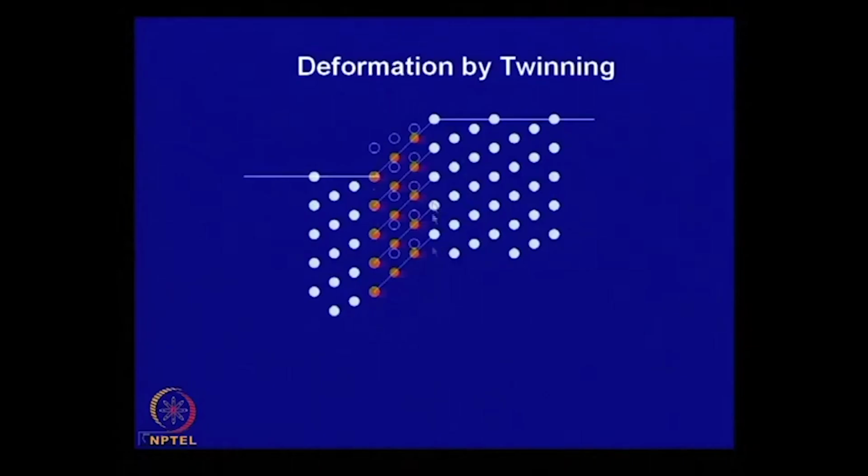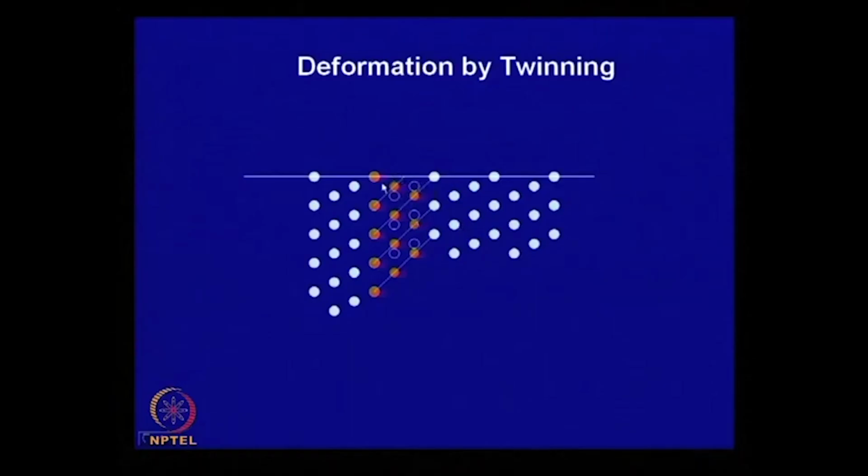Now, look at this deformed portion; the orientations are a little different. So even if you polish, grind off the top, the atomic arrangements are distinctly different. Therefore, even if you grind off and polish, you will be able to see the twins.